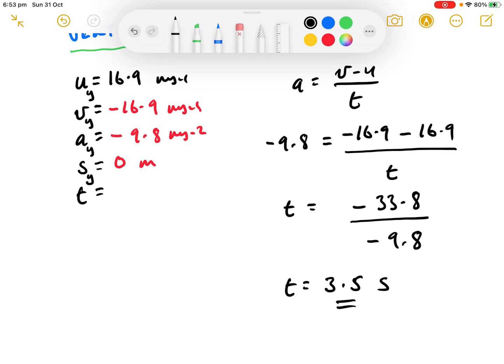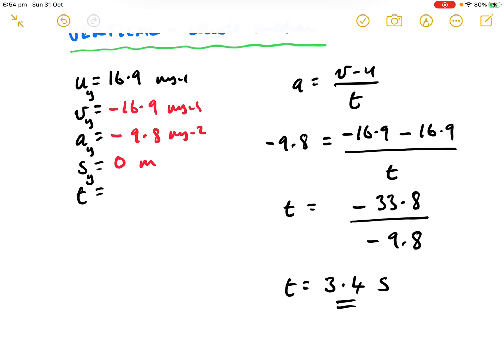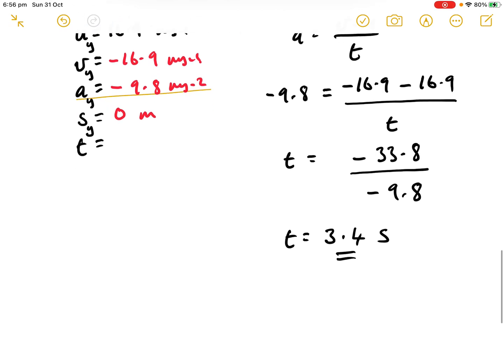To two significant, oh actually hang on, 3.4 seconds to two significant figures. Let's watch the rounding there. So, there we have it. No, hang on. Yeah, 3.4 seconds. So there we are. There is the time of flight for the whole motion.